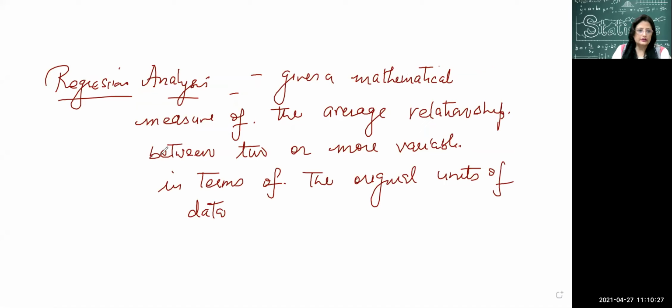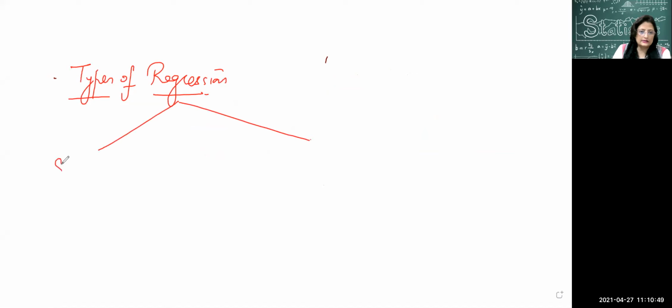Now we will talk about the types of regression analysis. The next heading is types of regression. Right. So broadly we have two types. The first is simple regression and the second is multiple regression.